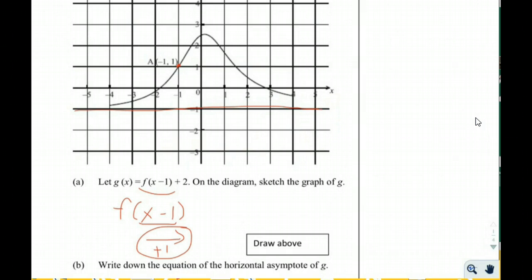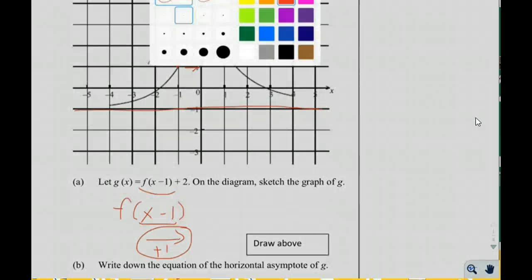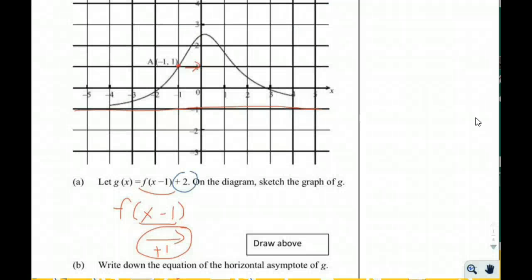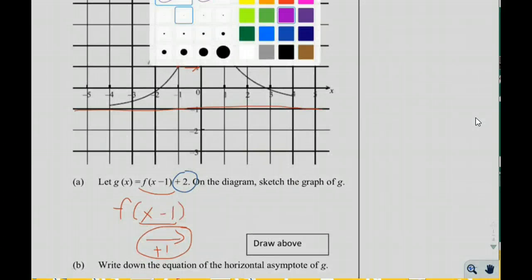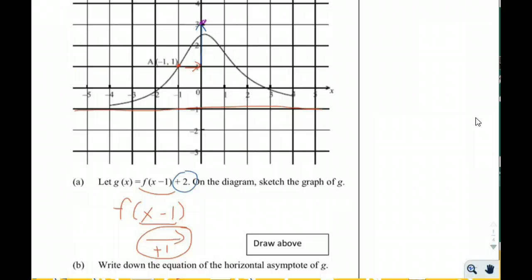So f of x minus 1 makes point A go to the right, and then plus 2 makes the y go up 2 units. So the new point is going to be right there.